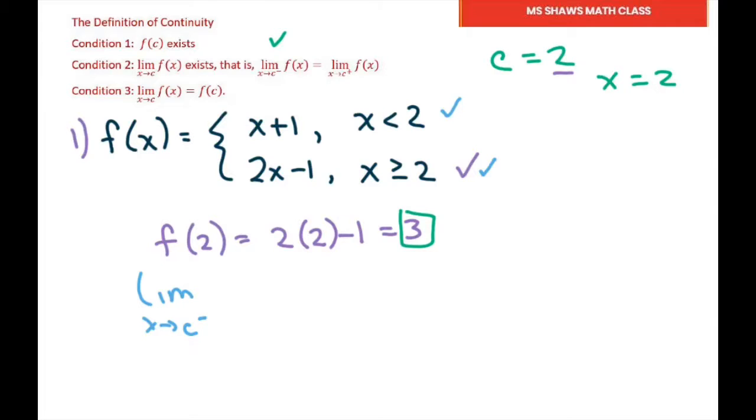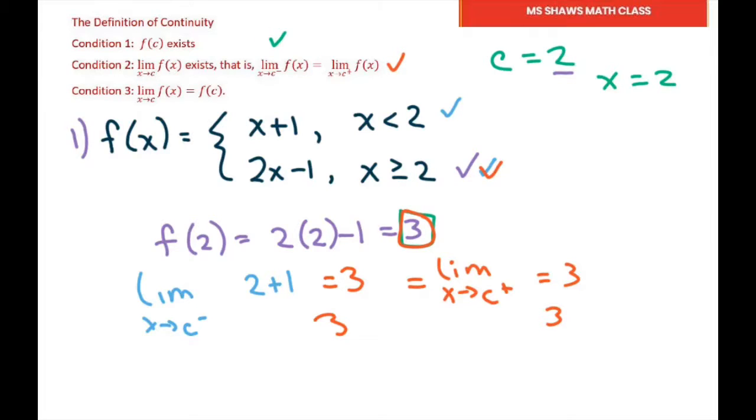We plug in and get 2 plus 1, and that equals 3. This limit should equal the limit as x approaches c from the right. We already did that, and that equals 3. So we have 3 equals 3. Okay, so condition 2 is met.